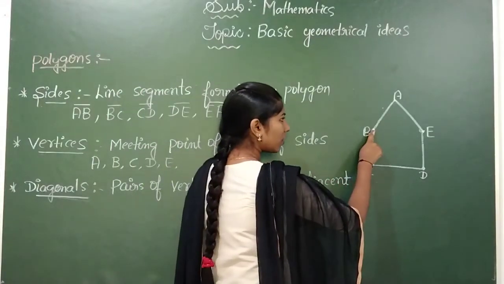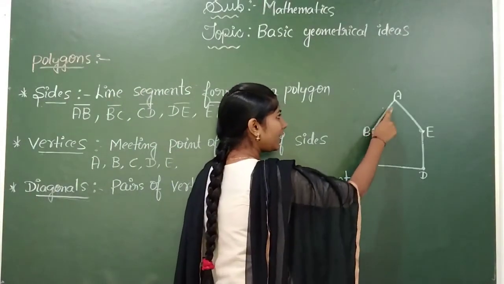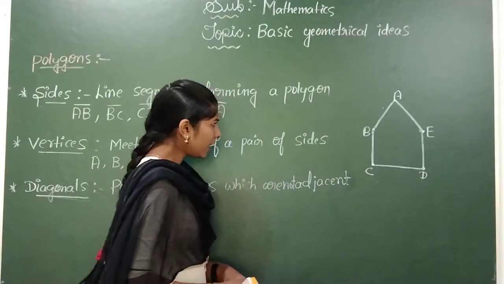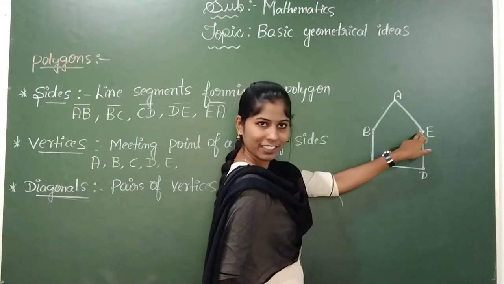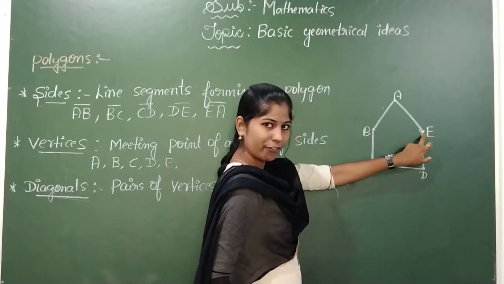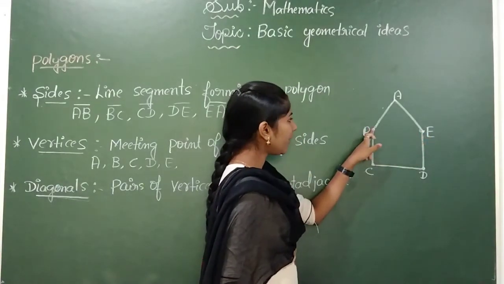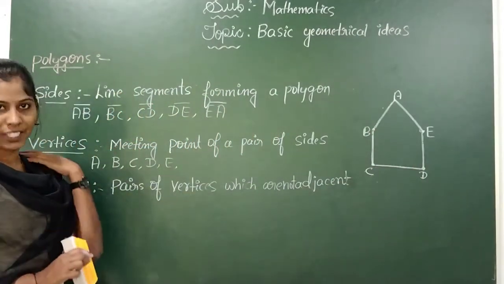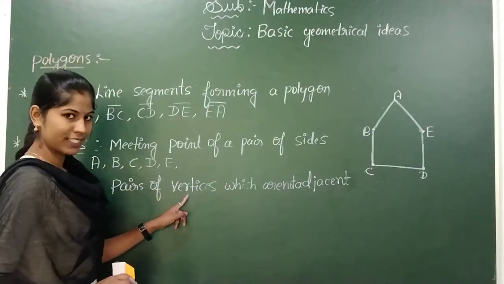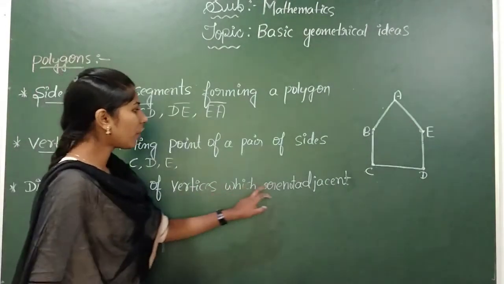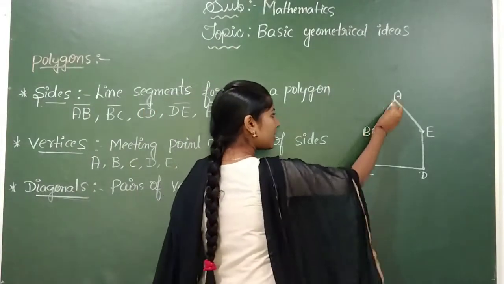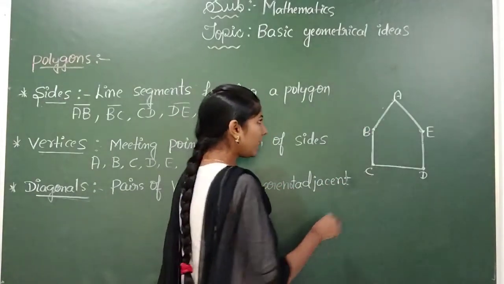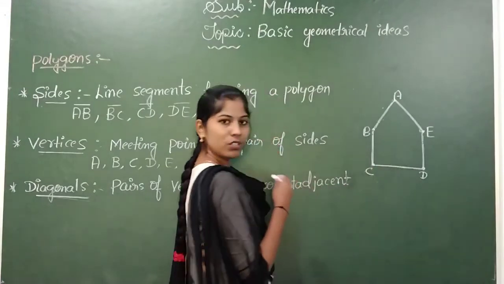This one can meet A by this side, and this point can also meet C by this side, but B cannot meet E, and B also does not meet D. So these are called non-adjacent vertices, where a pair means two vertices which are not adjacent. This vertex and this vertex are adjacent. This vertex and this vertex are adjacent. But this vertex and this vertex are not adjacent.